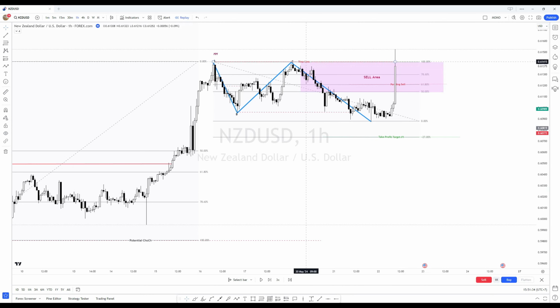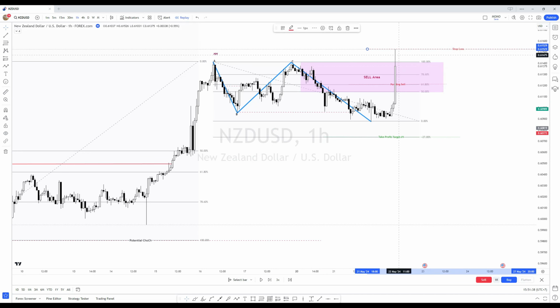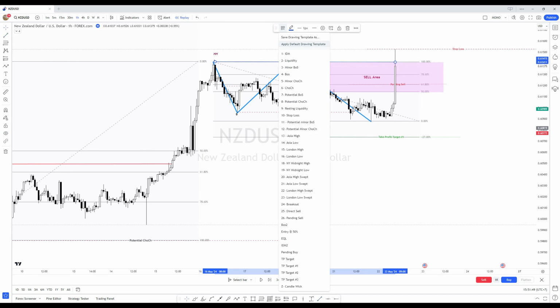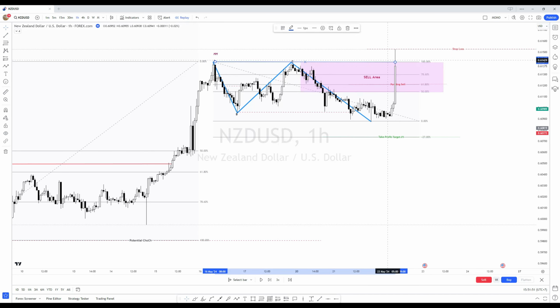First, I will move my stop loss to be on top of this candle here, because this candle to me right now is a liquidity sweeper candle. Here is liquidity that was swept, so I will place my stop loss on top of that candle.